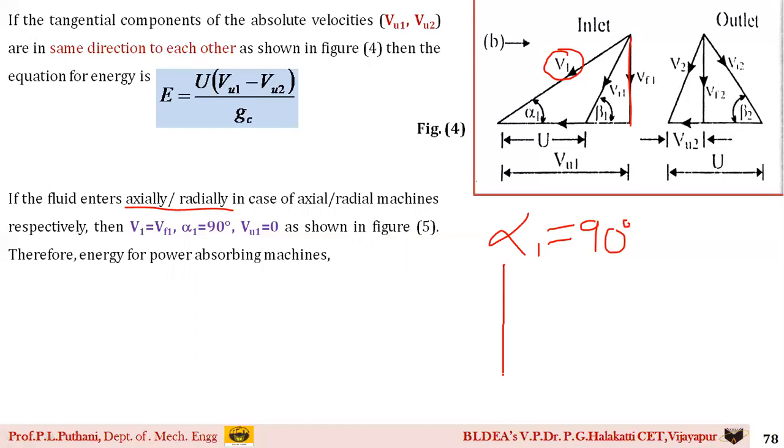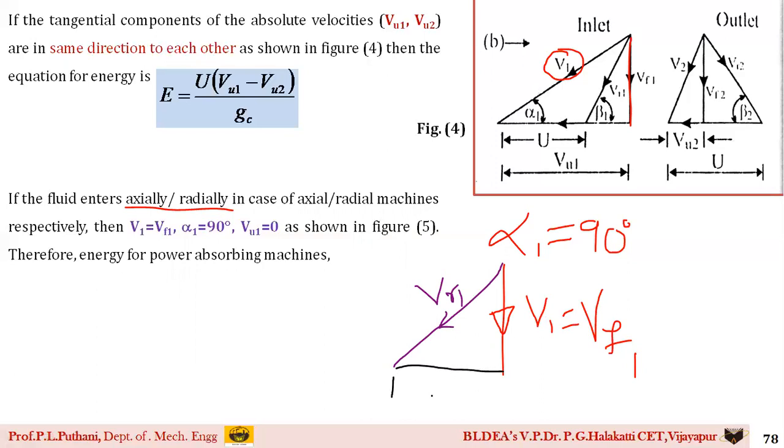So the new shape of the velocity triangle is: V1 is equal to Vf1, and you will be left with the relative velocity Vr1. Then you will have this one. From V1 to Vr1, we have this as U1.